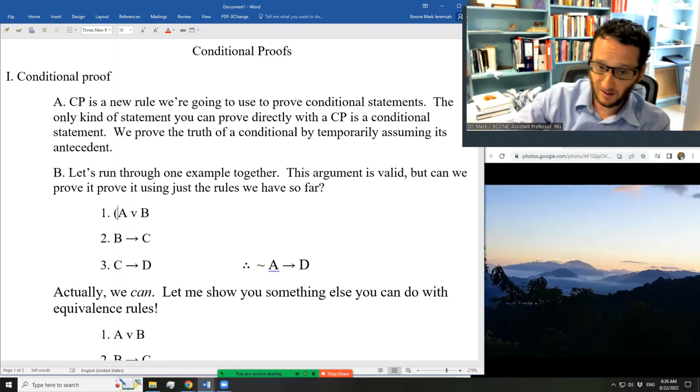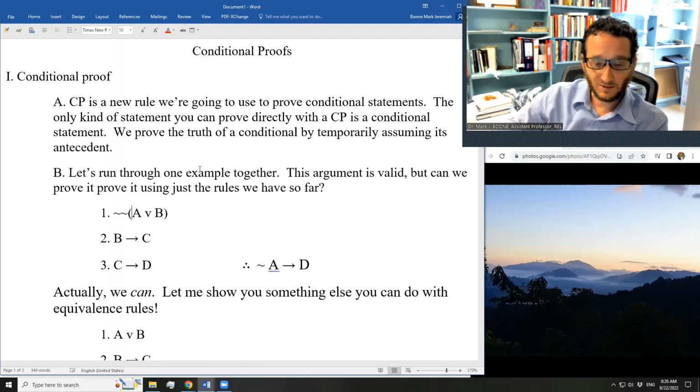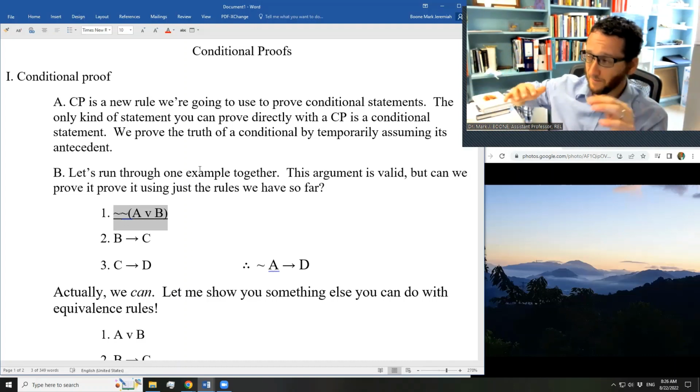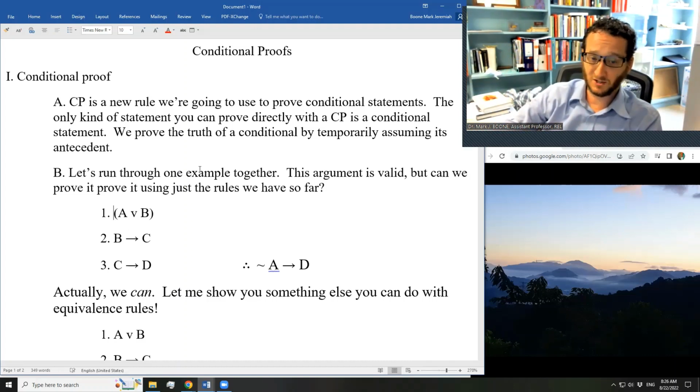Now you can apply the double negation rule this way to say that either A or B means the same thing as it's not the case that it's not the case that either A or B. But you can also apply double negation to a part of that premise, to just the A, or to just the B.